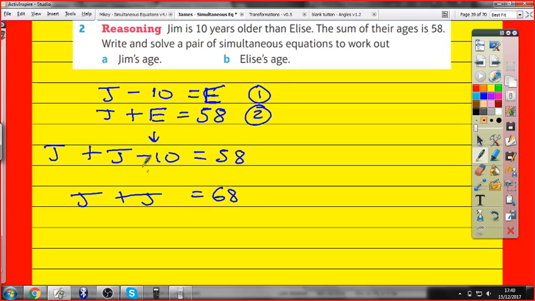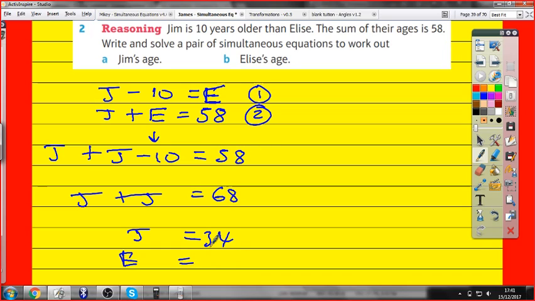It's already minus 10, so you have to add it to get it to the other side. J plus J equals 68? Yeah, just you have a 68. So J is 34. So J equals 34. And so what is E?